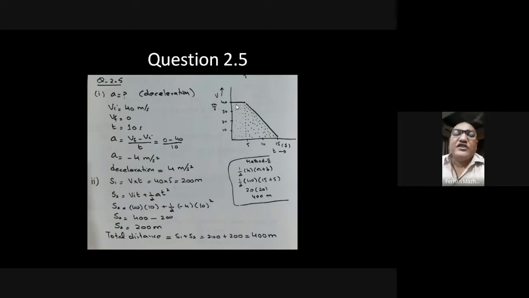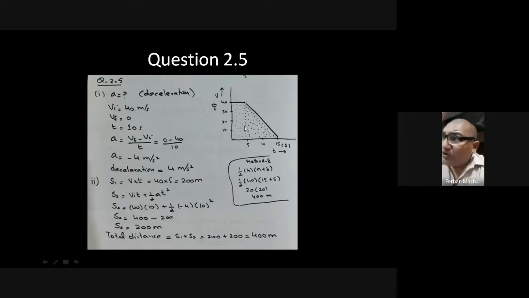So in the first 5 seconds I can apply this formula. Distance 1, the first portion: speed multiplied by time, 40 multiplied by 5, that will give you 200 meter. So the distance traveled will be 200 meter.